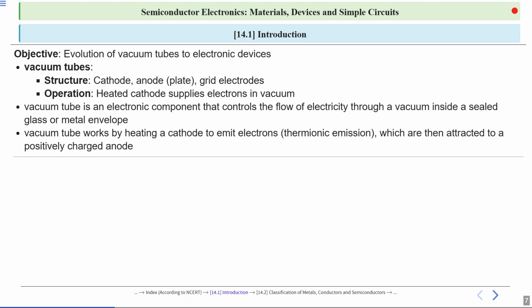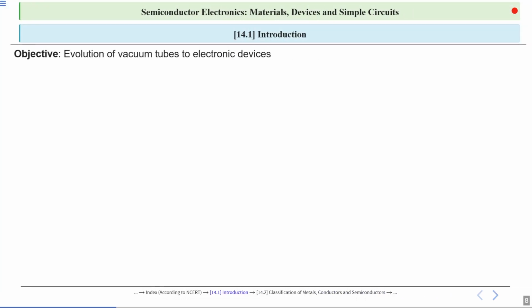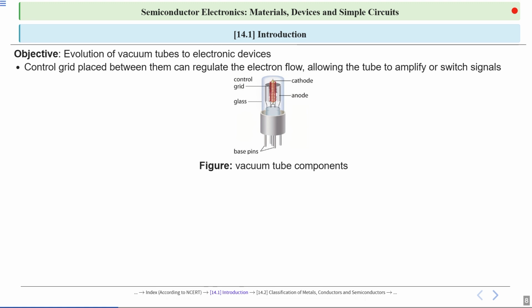These electrons are then drawn toward a positively charged anode, creating an electric current. A vacuum tube consists of a control grid between the cathode and anode to manage electron flow. This grid controls how many electrons reach the anode, allowing the tube to amplify or switch electrical signals.